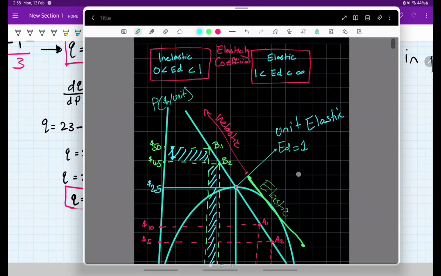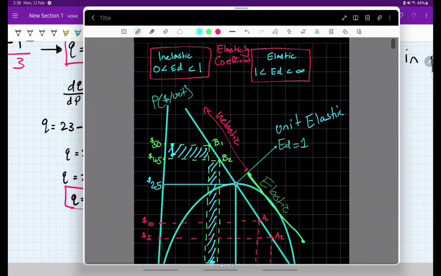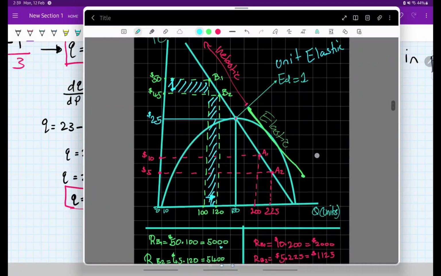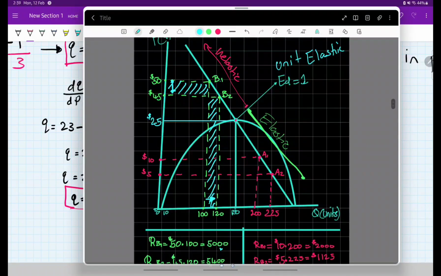And from what we saw up here, if the elasticity coefficient is greater than 1, you have an elastic product, which means you have a substitute. And that makes sense because the higher you are in price, the less the percentage change is going to be.